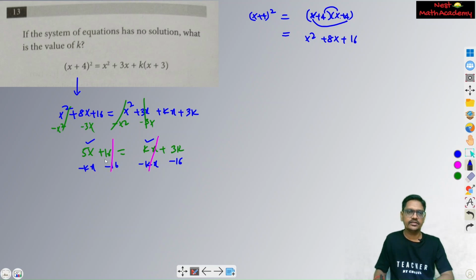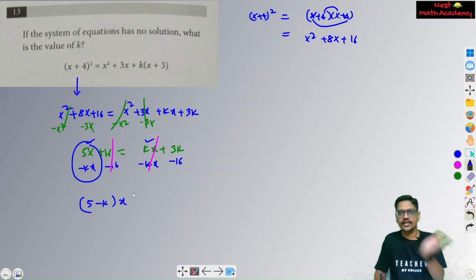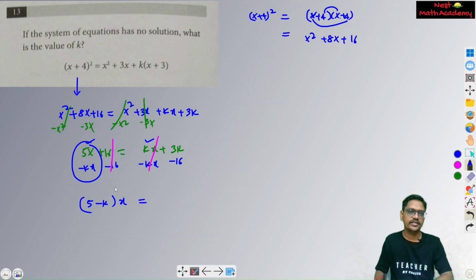So I'll be left with 5x minus kx, which means if I take x as the common factor and factor it out, I'll get 5 minus k times x. On the right hand side, 3k minus 16. Therefore, x is equal to 3k minus 16 divided by 5 minus k.